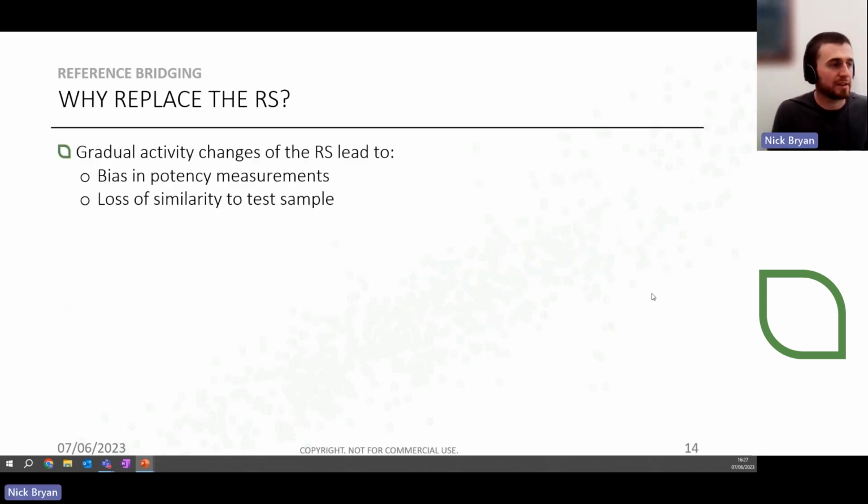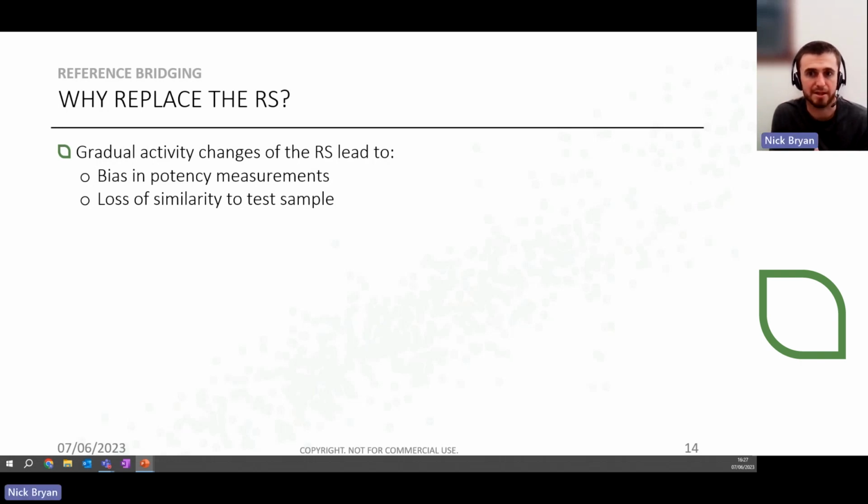So why do we need to replace the reference standard at all? Well, gradual changes in the activity of the reference standard can lead to potential bias in relative potency measurements, and it can also lead to a loss of similarity with our test samples.